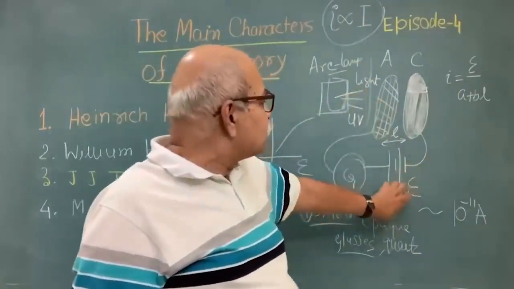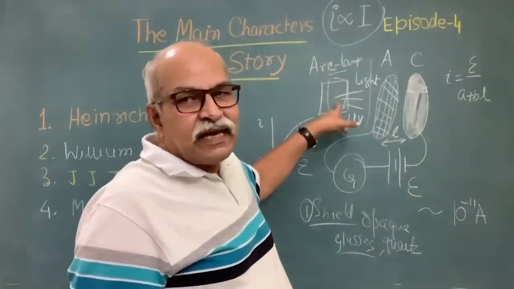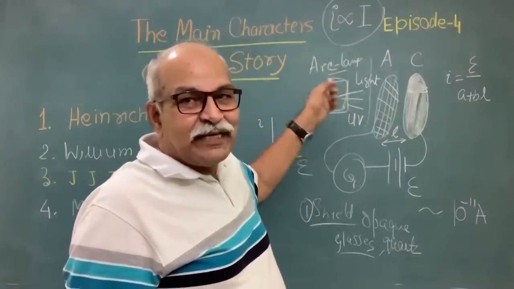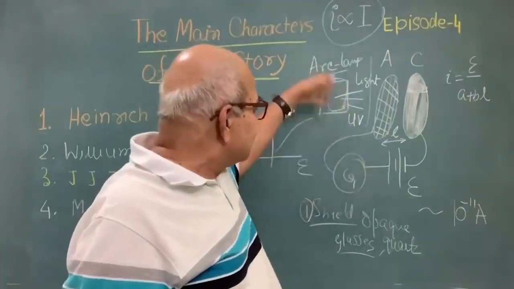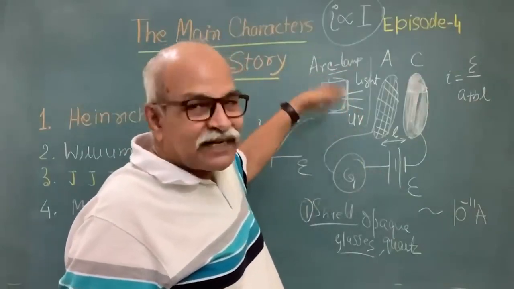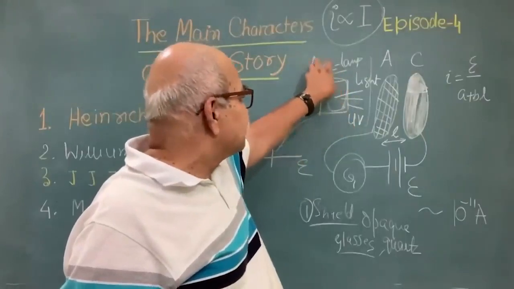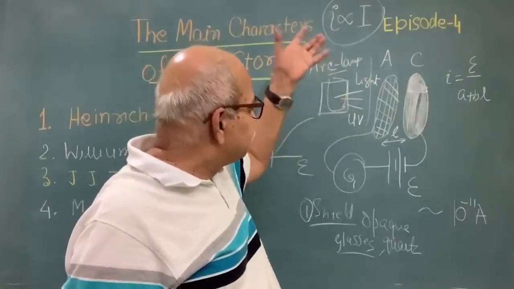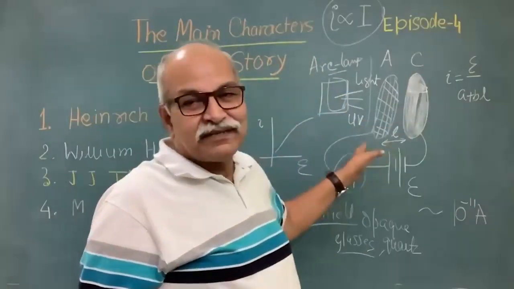In this experiment he has also taken different materials to produce this arc, and has established that aluminium is the best, it gives the largest current, and other materials give different kinds of current. So it depends on what material you are using, because different materials give different wavelength distributions of UV, and therefore the current will depend on that.